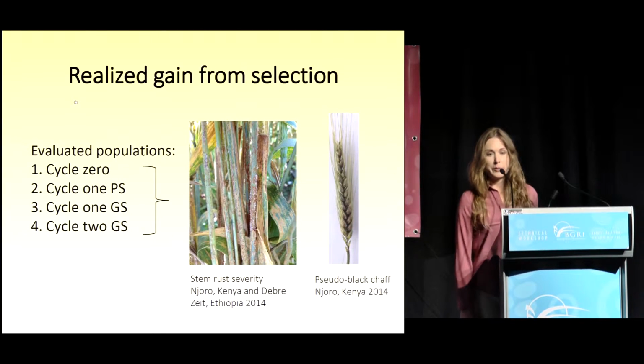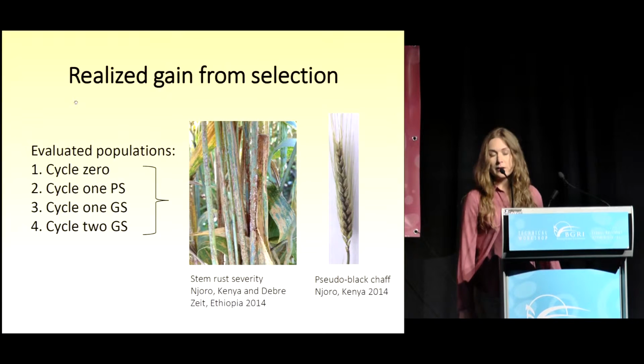So we took the populations that we developed from selection: cycle 0, cycle 1 of phenotypic selection, and cycle 2 of genomic selection. In the phenotypic and genomic selection populations, we had 2 replicates of each, so in total there were eight populations.